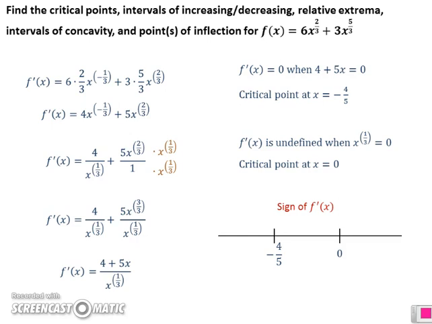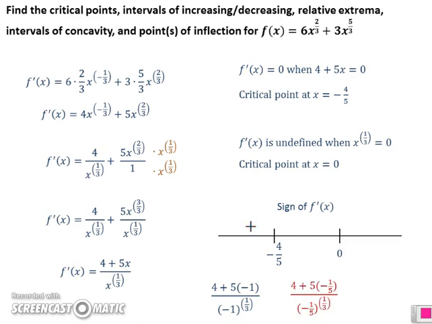If you had the graph of the first derivative, you can just look at the y coordinates because that tells you the same thing. So we're going to pick a number less than negative 4/5. I picked -1, that would be like -5/5. And plug it in, we end up with a negative number on the top and a negative number on the bottom. So this becomes positive in this interval.